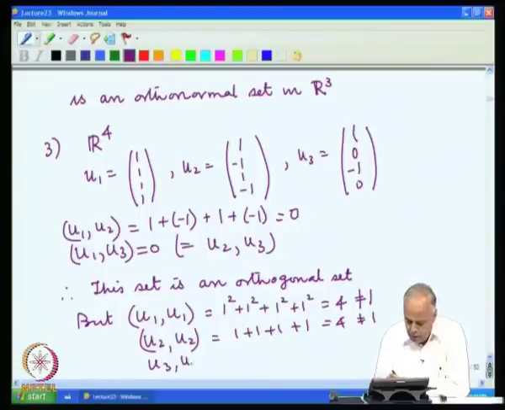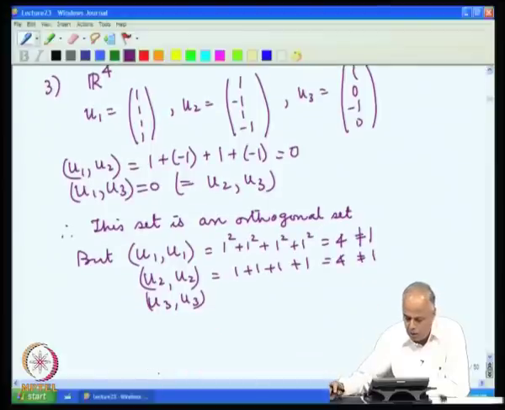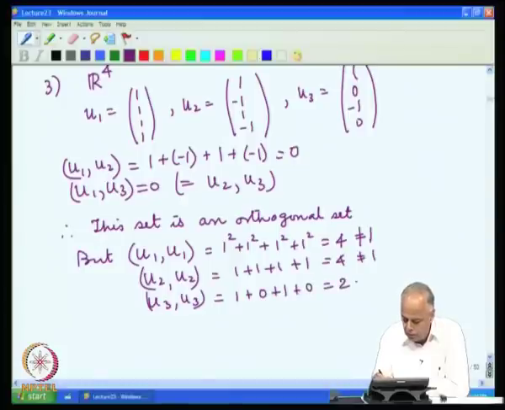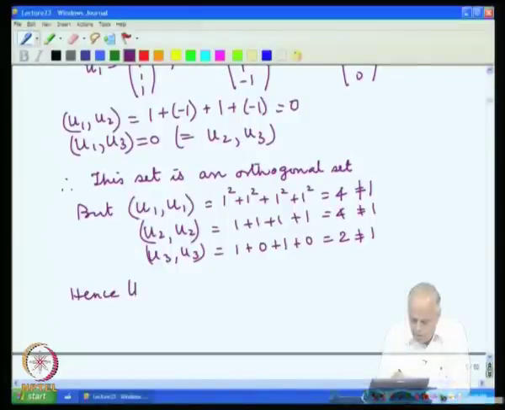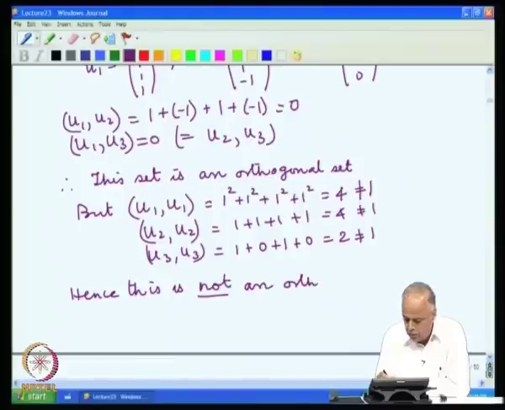The inner product of u_3 with itself is 1 squared plus 0 squared plus (-1) squared plus 0 squared, which is 2, which is not 1. So none of these vectors have length 1, but they are orthogonal to each other. Hence this is not an orthonormal set.